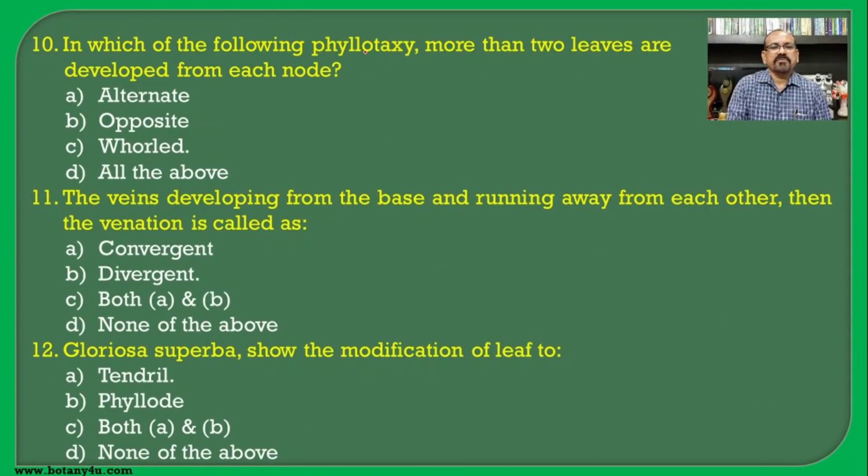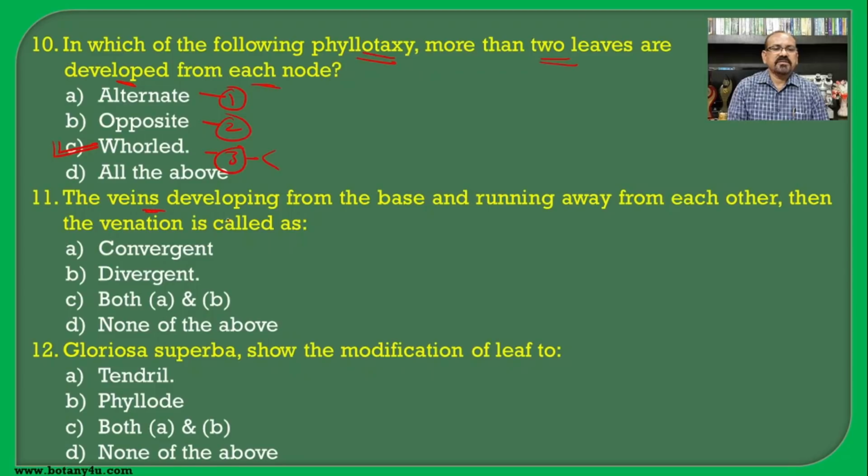In which of the following phyllotaxy more than two leaves are developed from each node? If you see the development of more than two leaves, then it is known as the whorl type of phyllotaxy. Development of one leaf from each node is alternate, development of two leaves is opposite, and three or more than three is whorled.